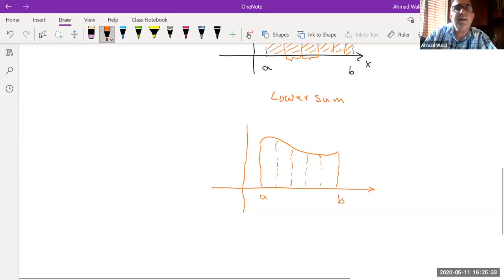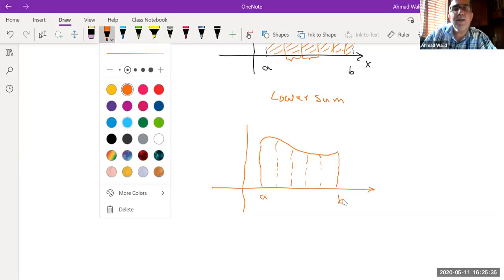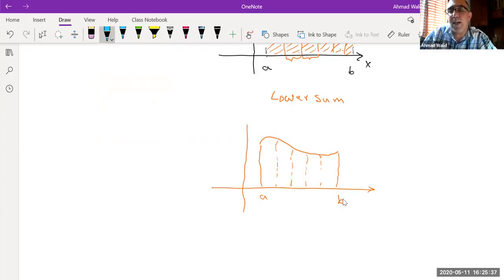On the right side, you connect every endpoint of the right, coming this way to the left. Here it goes like this, here it goes like this, here it goes like this, here it goes all the way to here. We call this one the upper sum, correct?